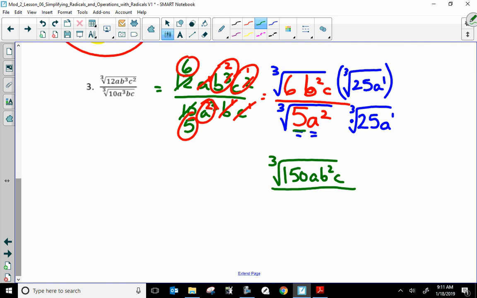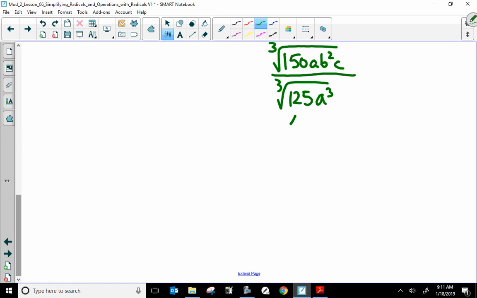In the bottom, 5 times 25 is 125. That's a perfect cube. A squared times A to the first is A cubed. Perfect. Look what happens here. The cubed root of 125 is 5.